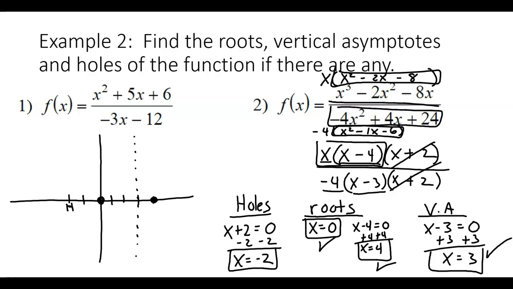Now, if we were to try graphing this function, I believe it would look something like this, but I'm not entirely sure. Okay, because it touches these roots, and it can't go through this asymptote here.